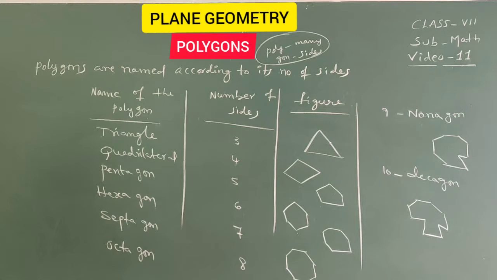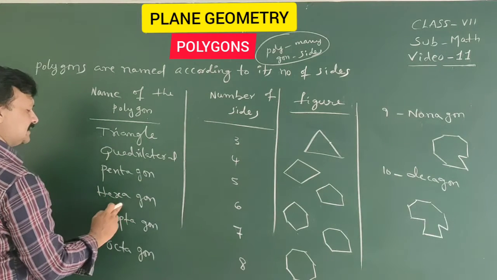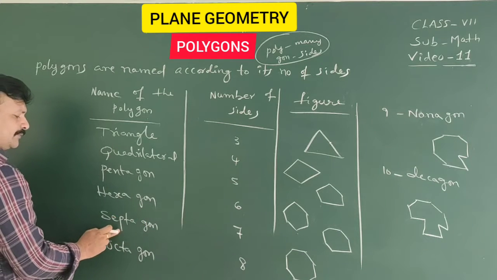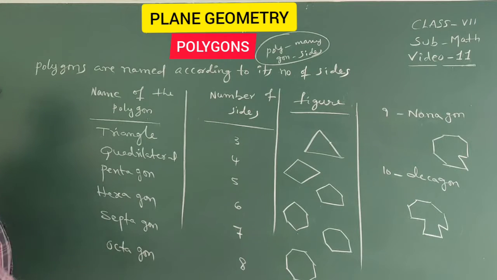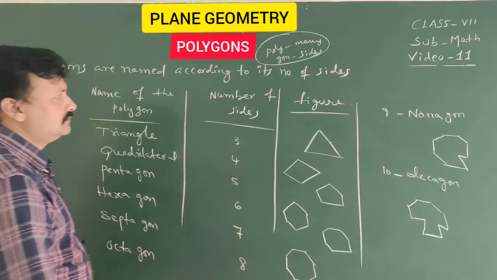Here gon means side: pentagon, 5-sided polygon; hexagon, 6-sided; septagon, 7-sided; octagon, 8-sided; nonagon, 9-sided; decagon. An n-sided polygon is called a polygon or n-gon.